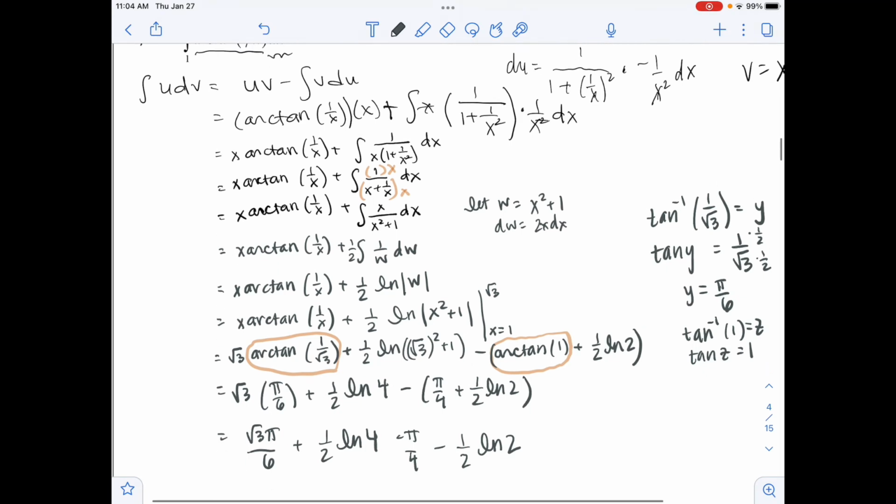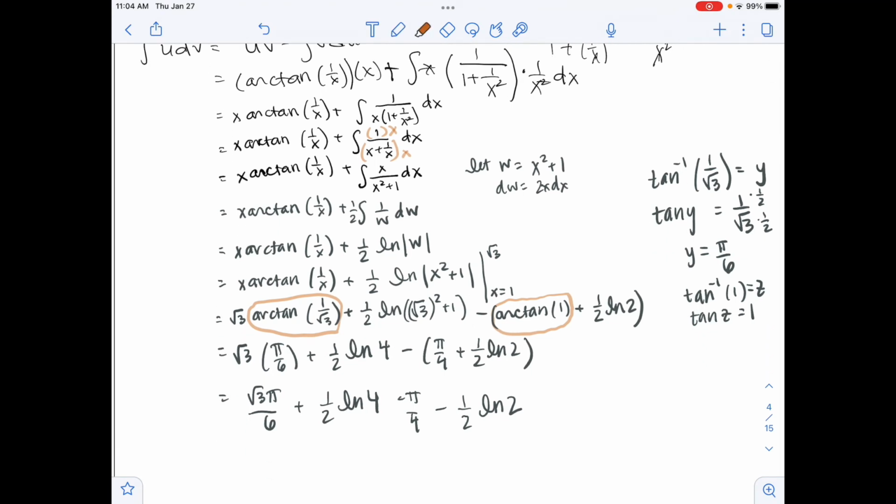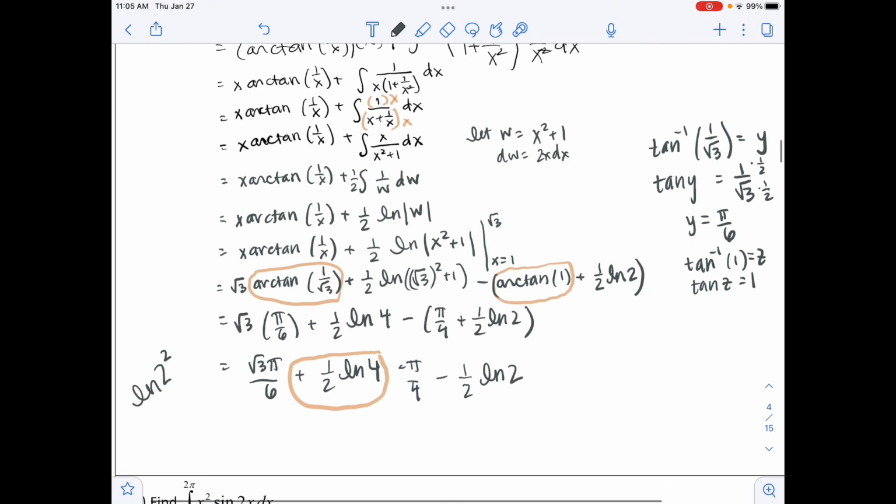It can be simplified a little bit more if you were to think about ln of 4, the second term that we have here. And you could think of ln of 4 as ln of 2 to the second power. And then using those properties of logs, we can rewrite this as plus 1/2, and then moving that exponent out in front of the log using those properties, so times 2 ln of 2 minus pi over 4 minus 1/2 ln of 2.